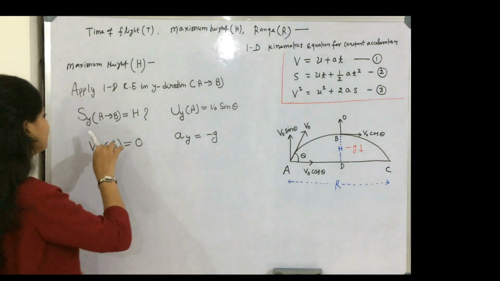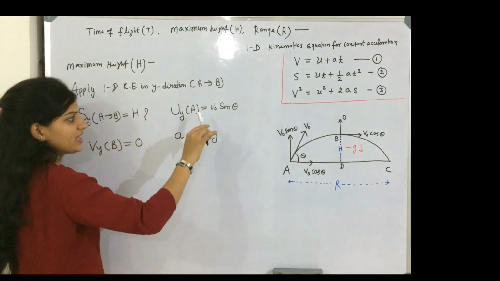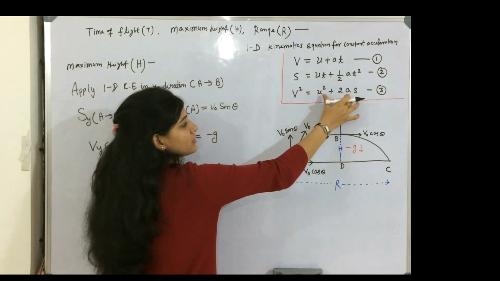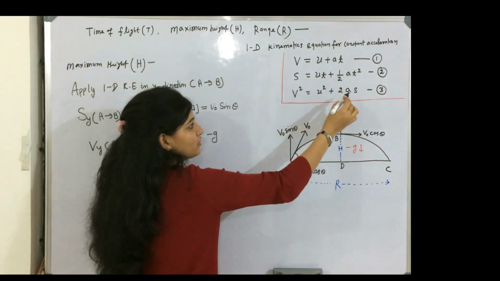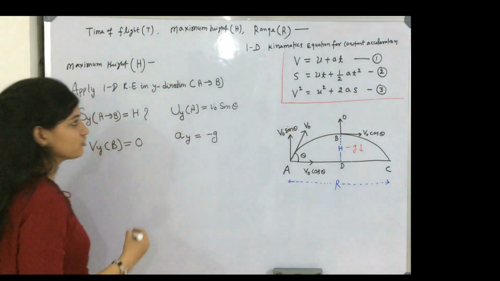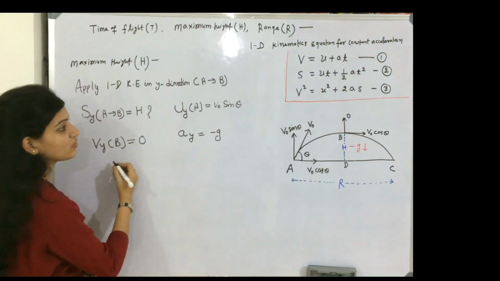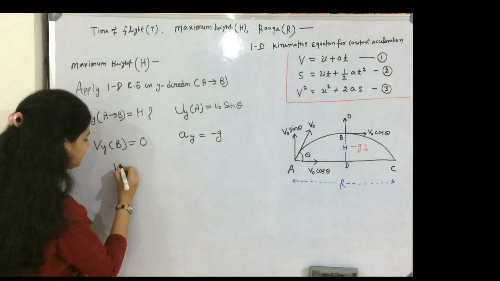So we need to find S. We are having U, V and A, so we will go with equation 3 where we are having V, U, A and S. So we will apply equation 3 in y direction.